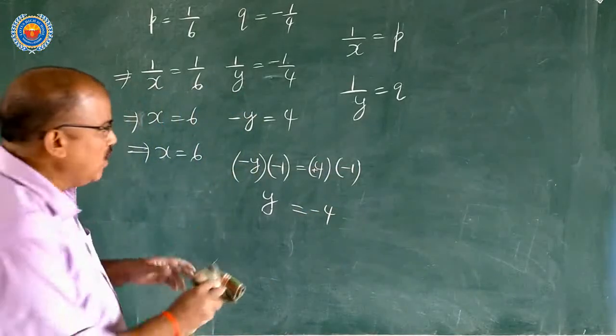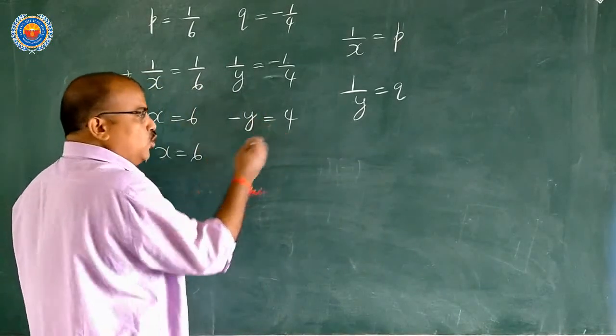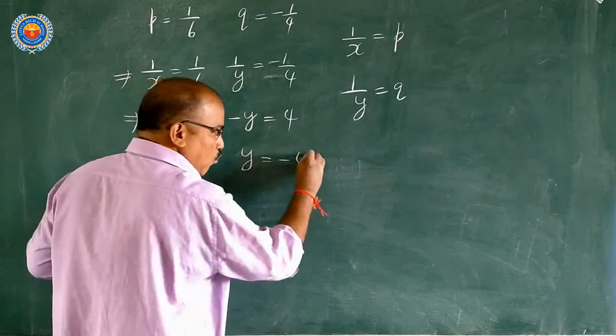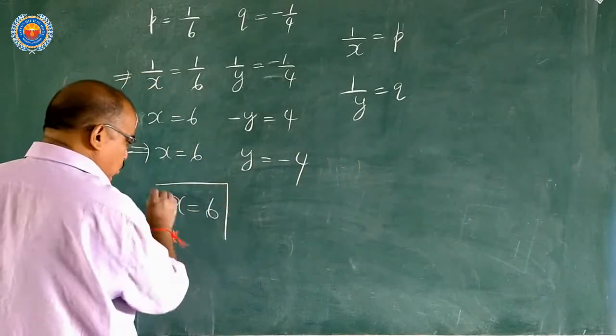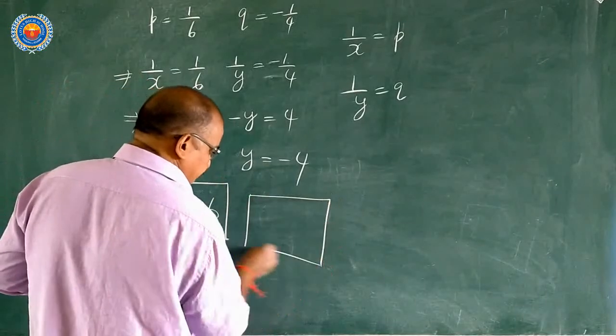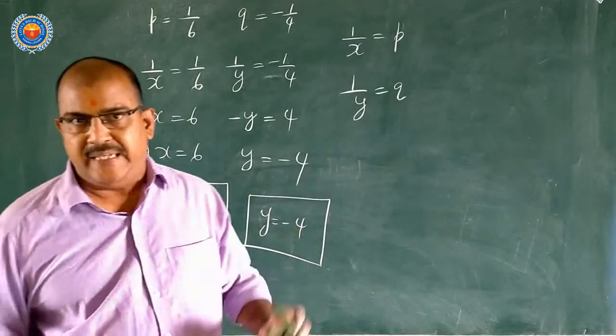These many steps are not required. Directly, if minus y is equal to 4, you can write y is equal to minus 4. Therefore, the final answer is x is equal to 6 and y is equal to minus 4. We completed the second sum.